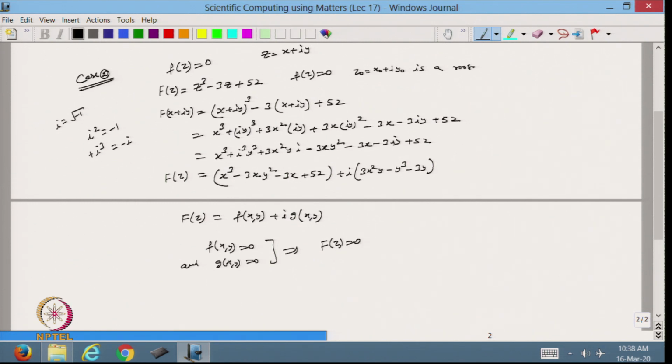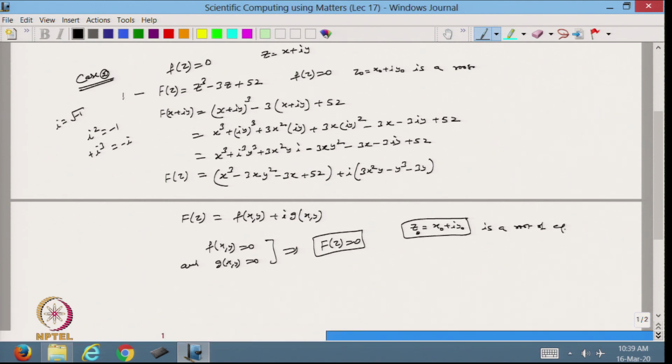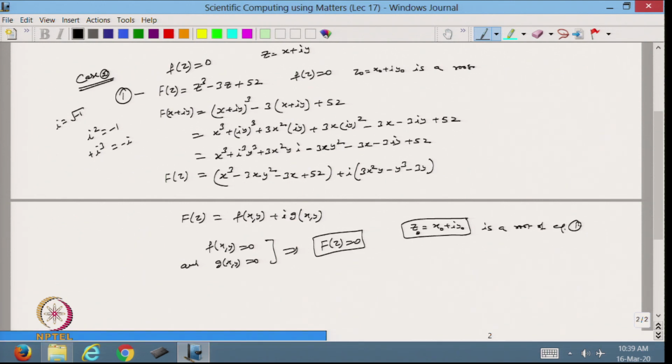That will be the root of this equation in the complex form. So whatever values of x and y I get from here, I can write that z equal to x naught plus i y naught is a root of equation number 1. In this way we can find the root of the equation.